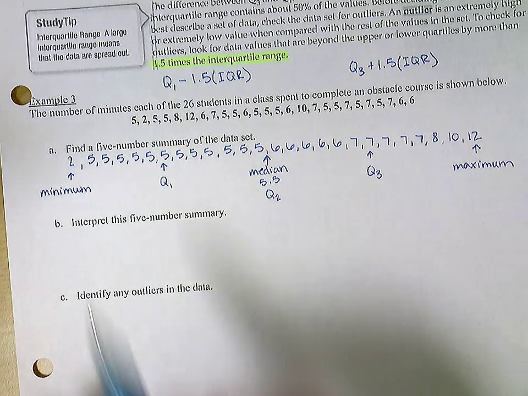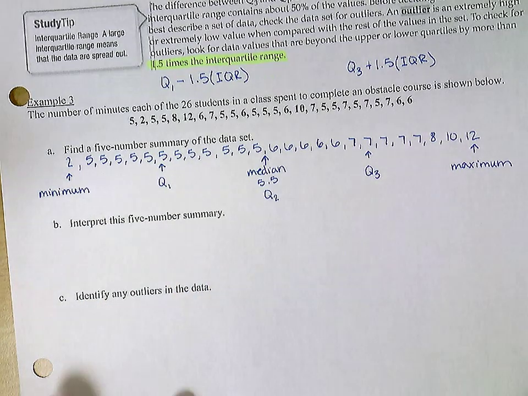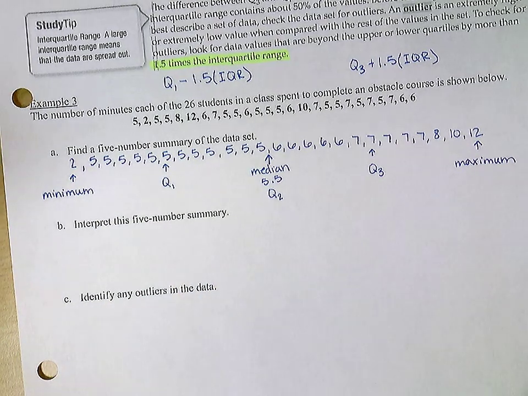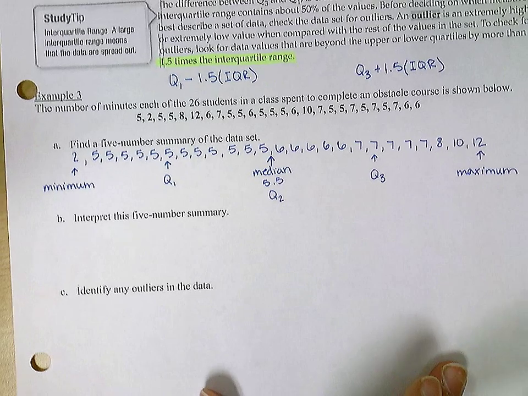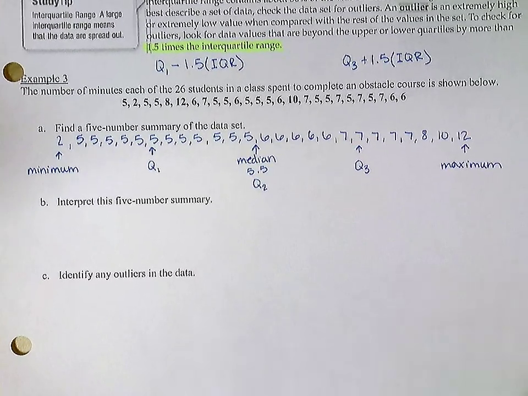Five-number summary: 1, 2, 3, 4, 5. Okay, so the next step after you find your 5-number summary, you want to interpret that 5-number summary. So you just want to include a couple things given your different quartiles.